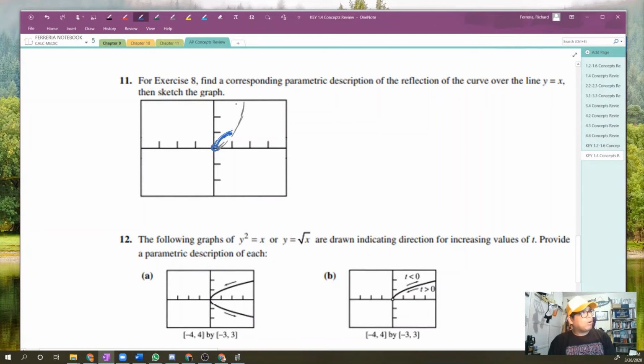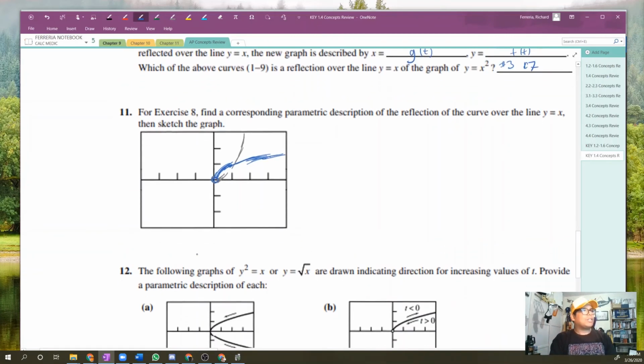Here, the y-coordinates are going to positive infinity, so now the x-coordinate should be going to positive infinity. So here's what that reflection looks like, and notice it does look like that square root graph, which makes sense since when you reflect the square parabola around the line y equals x, you do get the half sideways parabola, which is the square root graph.